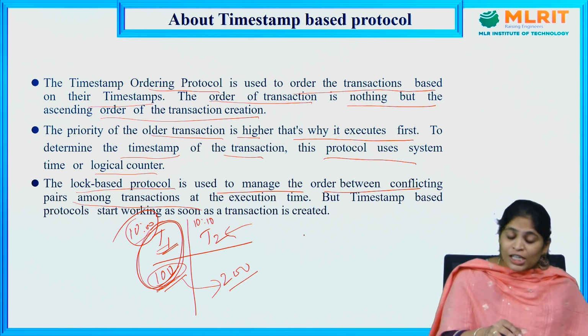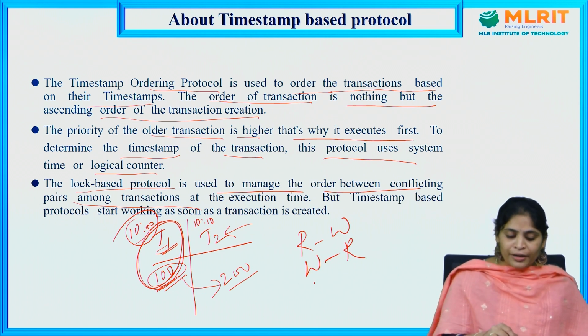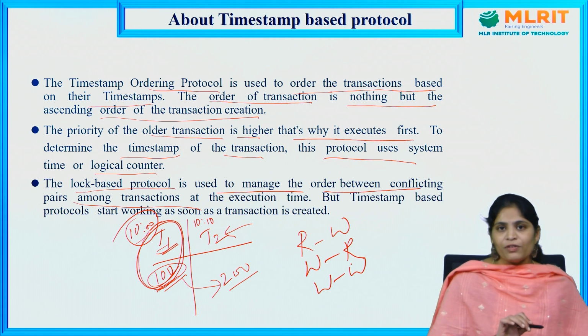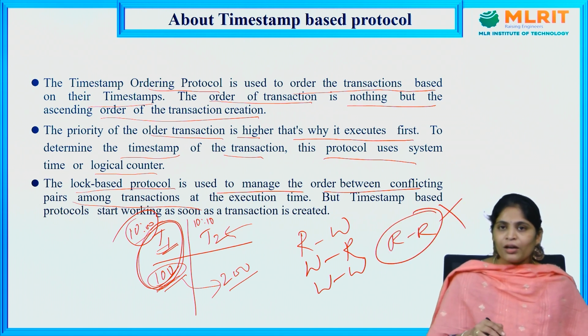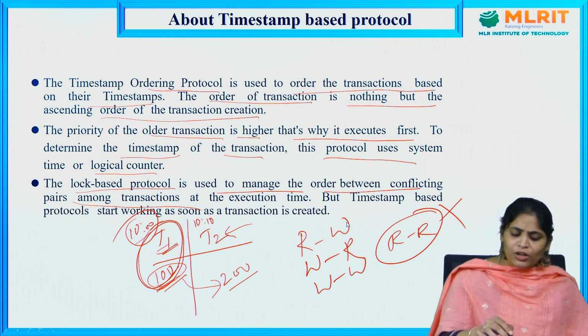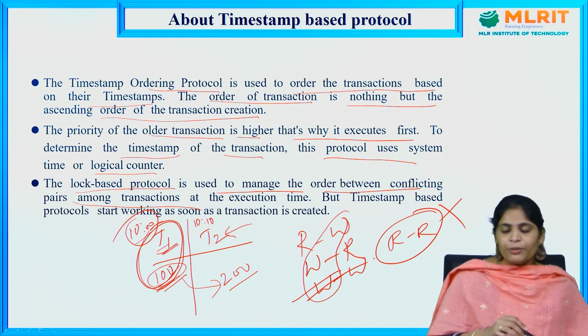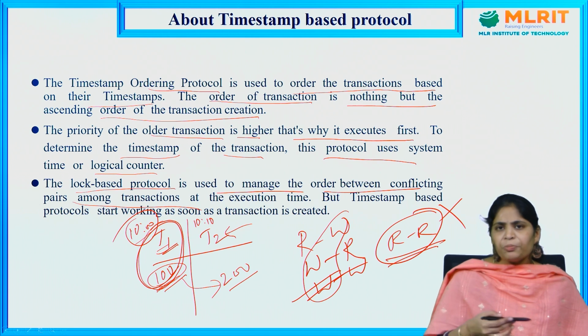What are the conflicting pairs here? Read-write is a conflicting pair. Write-read is a conflicting pair. And write-write is also a conflicting pair. But is read-read a conflicting pair? No. In a transaction, if there is at least one write operation, then it becomes a conflicting pair. In read-read, there is no write operation.